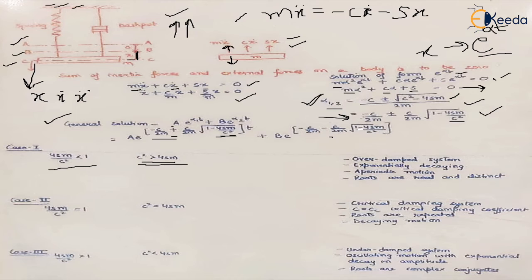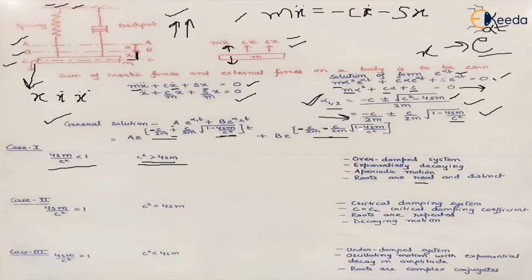So the denominator is greater, right? So we'll get a smaller value. But this minus c upon 2m and whatever you added, because the value is very small, we'll get the negative term in case of this root also. Both the values will be negative, but the roots will be real and distinct, right?